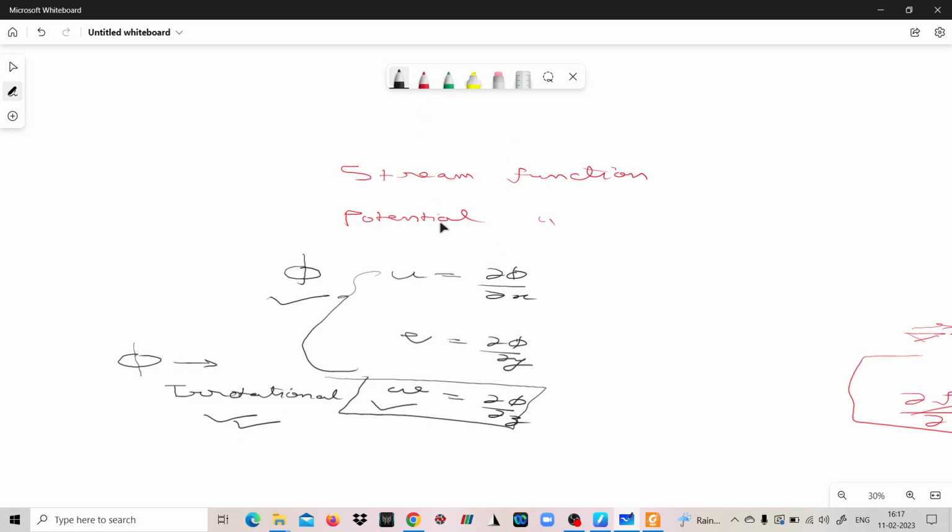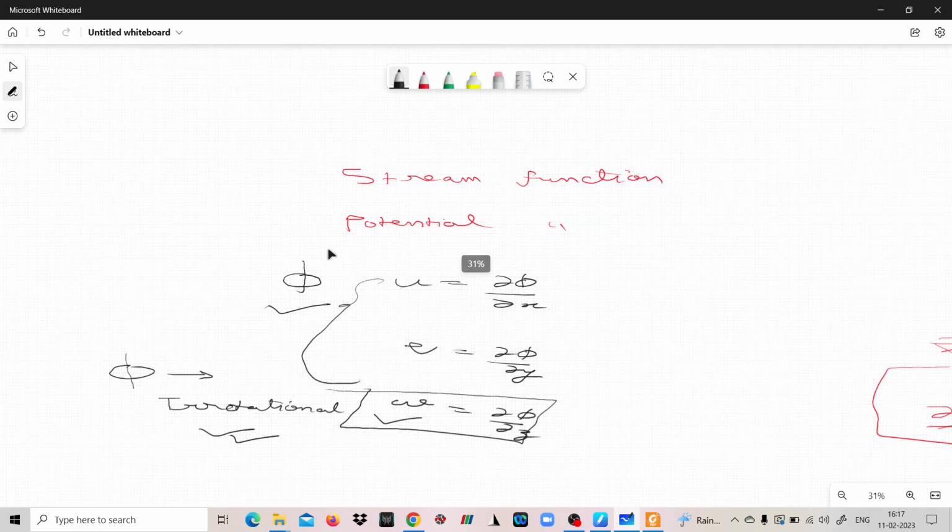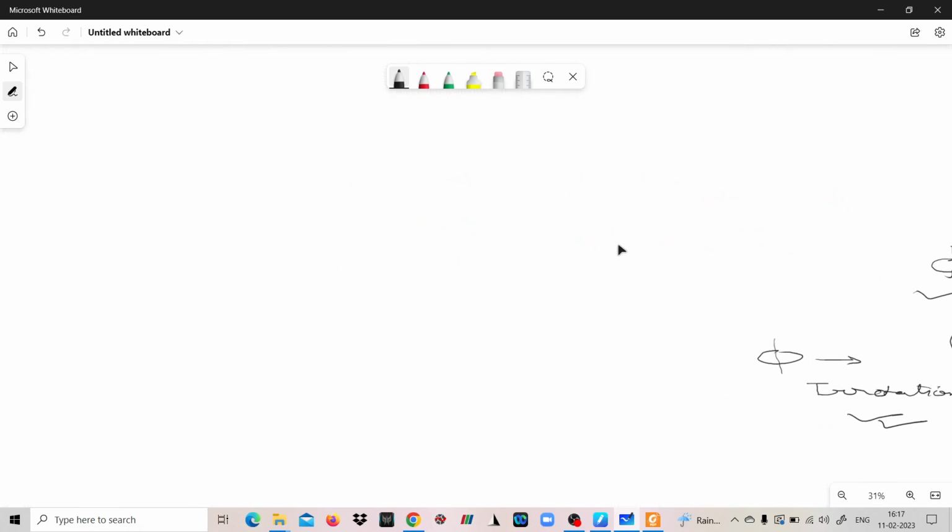How? Let us see how we can say that. For irrotational flow, let us consider a two-dimensional flow. So for a two-dimensional flow, v is equal to u i cap plus v j cap. There won't be any z component w because we have assumed that the flow is two-dimensional.